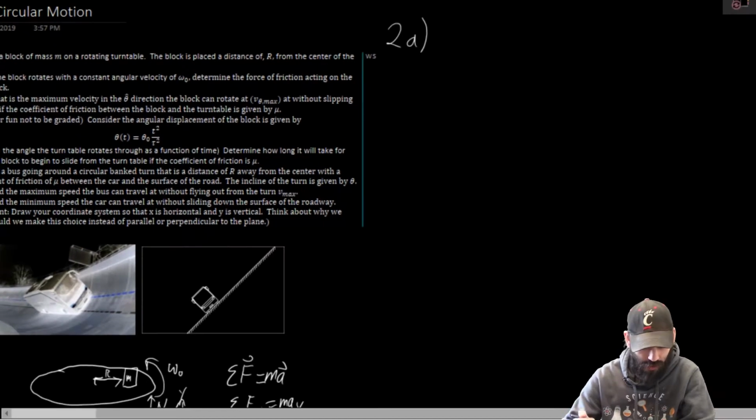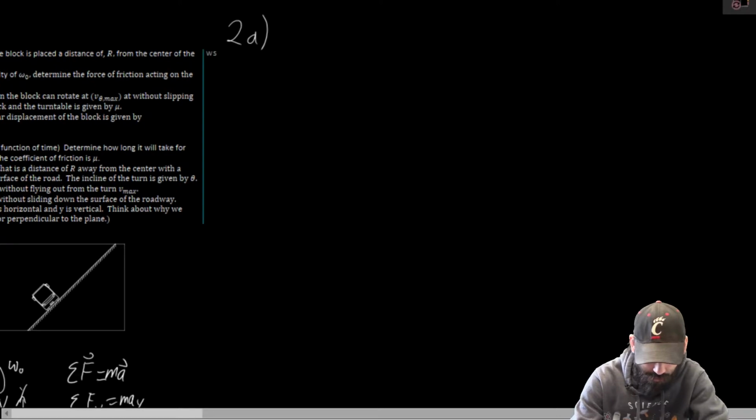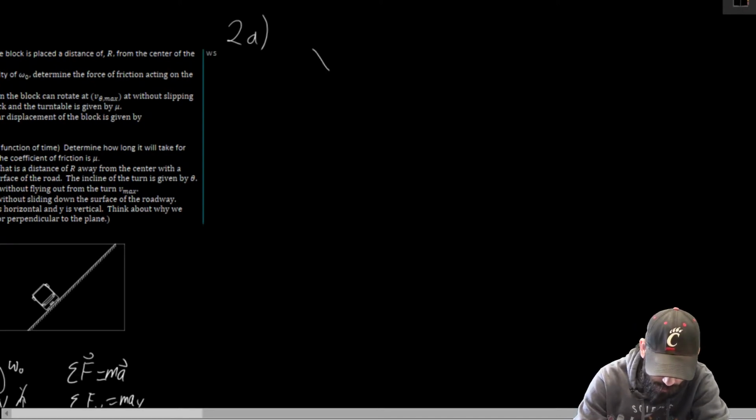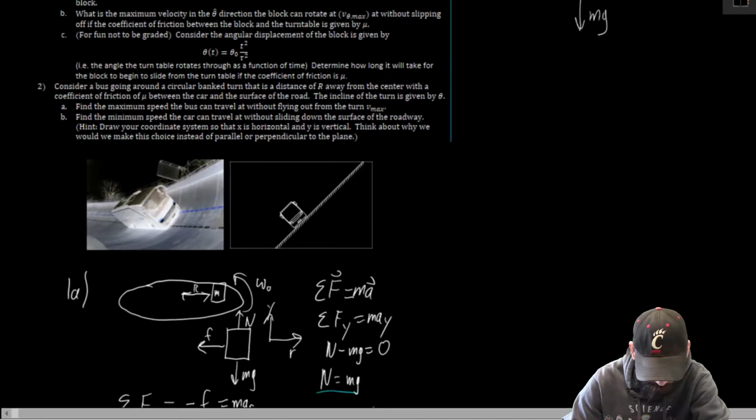But let's first start by drawing a free body diagram for our bus. For 2a, here's our bus, and we have some normal force that's going to be pointing in this direction. We have some force of gravity, mg. And the other force that's important here is the force of friction.